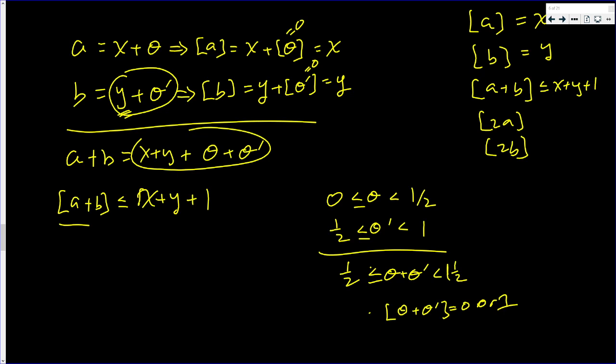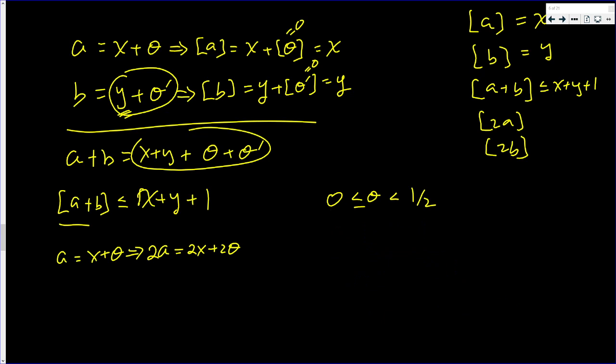Now, we know that a is x plus theta, so that implies that 2a is equal to 2x plus 2 theta. Well, if theta is between 0 and a half, multiplying everything by 2, we get that 2 theta is between 0 and 1.